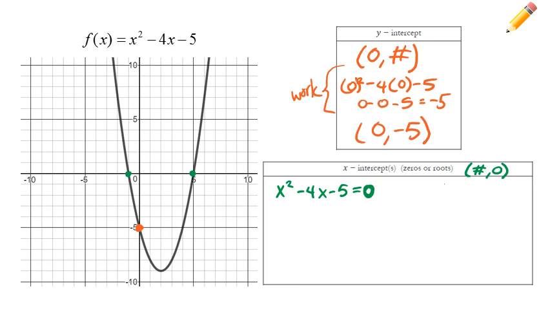Let's factor. Let's use some AC method. 1 times negative 5 is negative 5. My middle term is negative 4, which means 1 and 5, and the 5 will have to be negative. Double check your work. 1 times negative 5 is negative 5. 1 minus 5 is negative 4. Again, that breaks apart my middle term.